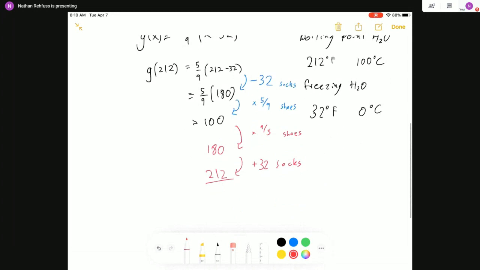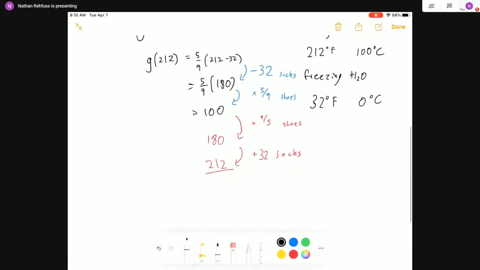So let me write out what we did. What I'd say is first we had x, and it looks like then whatever we plugged in, so in this case x would be the 100. We multiplied it by 9/5, so I'm going to multiply it by 9/5, and then we added 32.